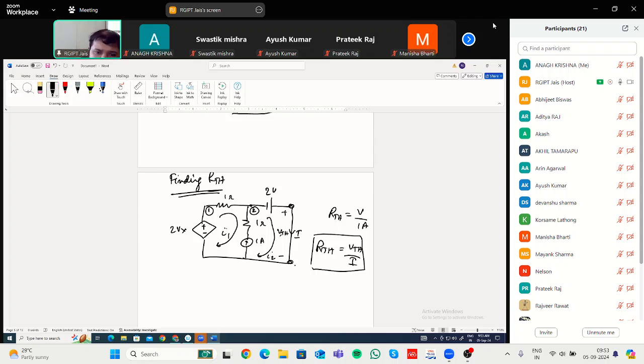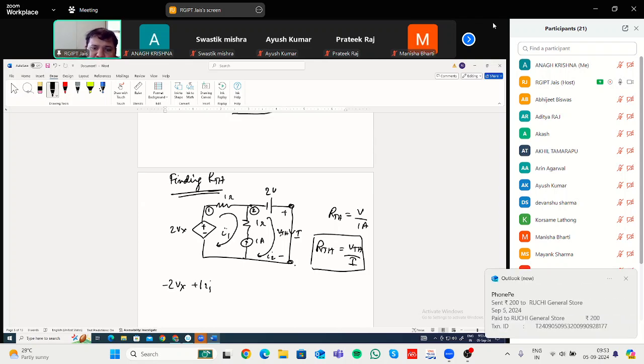Supermesh means that you don't consider this branch. You write the equation of the supermesh. Again, minus of 2Vx, current flowing in this direction. So it will be plus 1 multiplied by I1, then this 2 volt, and you are facing the minus side first, so minus 2.